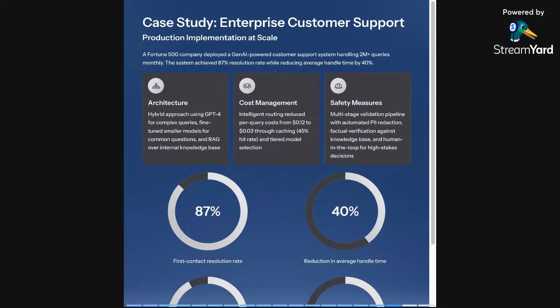And the last part is a real world case study. I'll take an enterprise customer support system where we have architecture, cost management, and safety measures, all of it. Let's say we have a Fortune 500 company where we have deployed a GenAI powered customer support system that is handling millions of queries per month, per week, or each quarter.